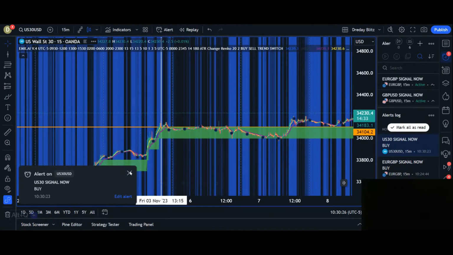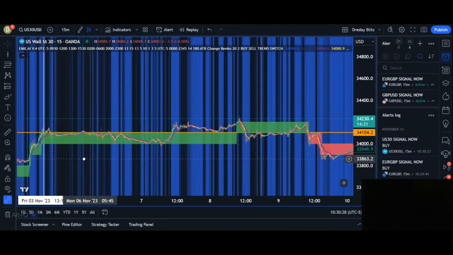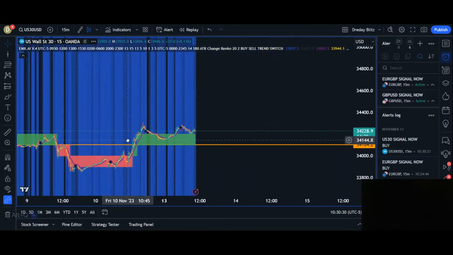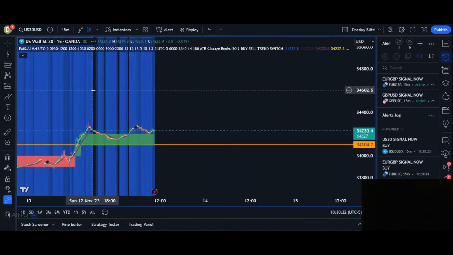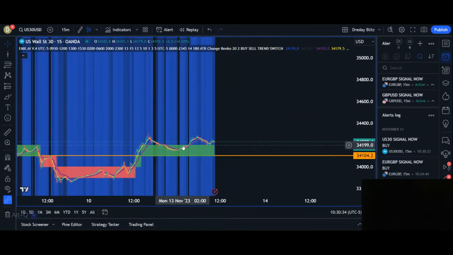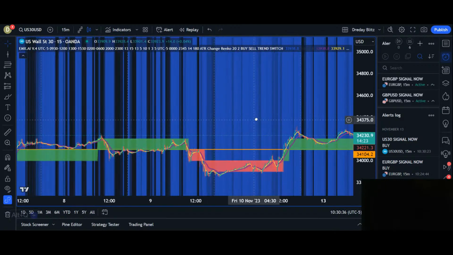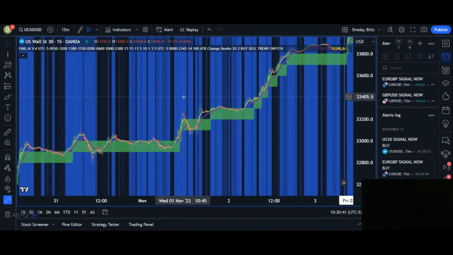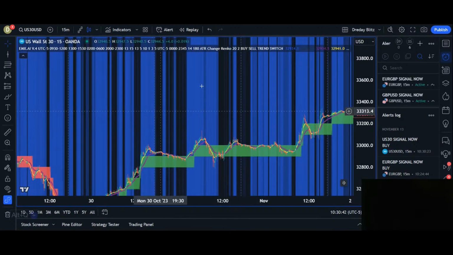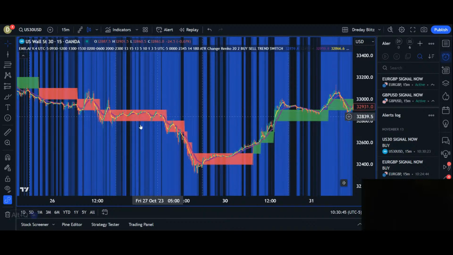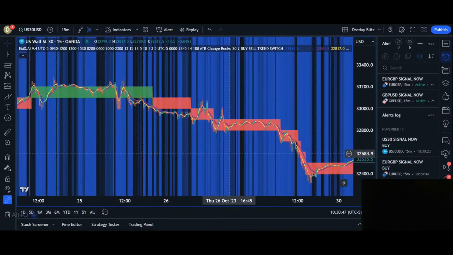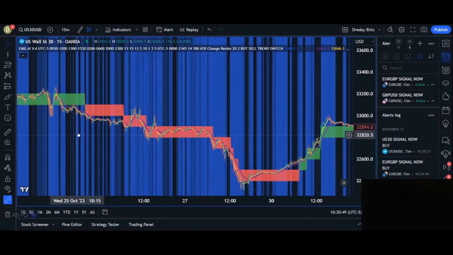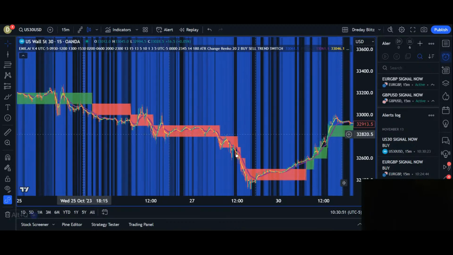So US 30, we have another buy signal here. US 30 still looking bullish. Let me show you exactly what I'm saying. If there's an example, let's see.